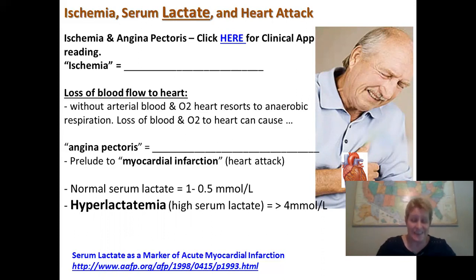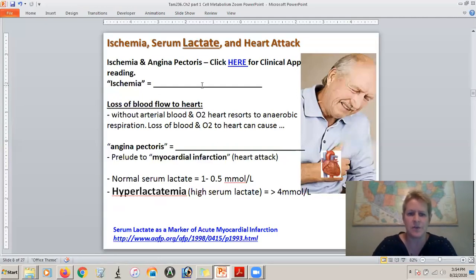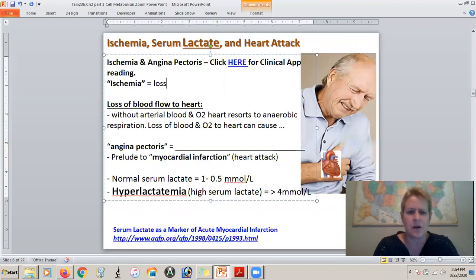It sure is, because if certain tissues are deprived of oxygen or deprived of a blood supply through an ischemic event, they're going to resort to anaerobic respiration. They will produce lactic acid as a byproduct and not enough ATP to stay alive. So there's a clinical application, okay? But let's define ischemia here first. Ischemia is a loss of blood supply. That's a general term, okay?